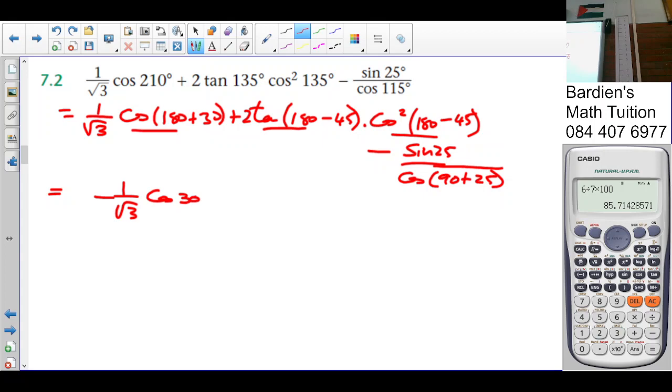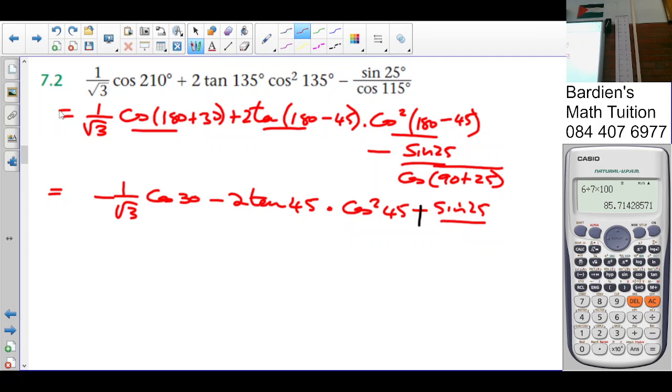180 minus, that's in the second quadrant, tan is negative, so it's negative 2 tan 45 times cos squared. So that second quadrant, cos is negative in the second quadrant, but because of the squared it remains positive, cos squared 45 minus sine 25 over cos 90 plus in the second quadrant, cos is negative, although it changes to sine.